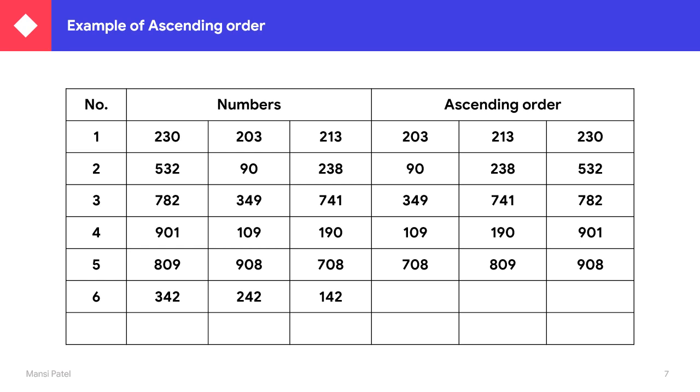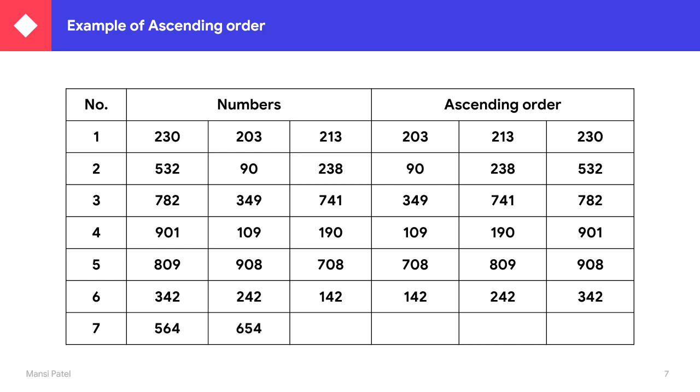Here the number of digits are the same, so you see the first digit of all the numbers. 1 is the smallest, so you write down 142 first. Then the rest of the two are 342 and 242. In these two numbers 242 is smaller, so write down 242 and then 342.